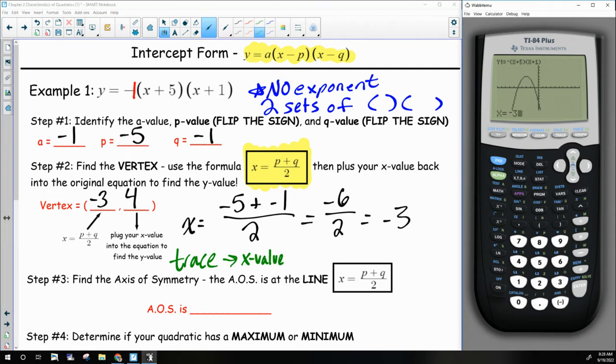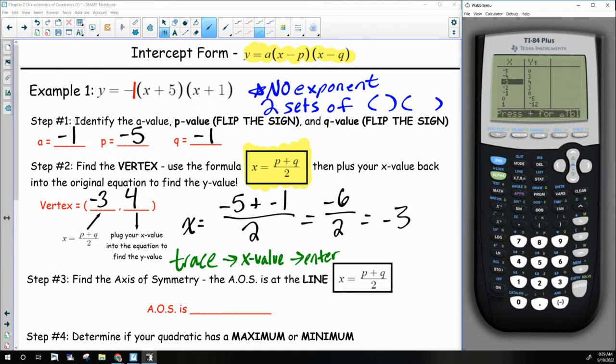Type in -3 and click enter. That is another way you can do it. What point does it give us? -3 and 4. That is a third way you can find that y value. Okay, I'm not going to tell you which way you have to use. Any of those three ways will work. So I'm going to go back to my table.